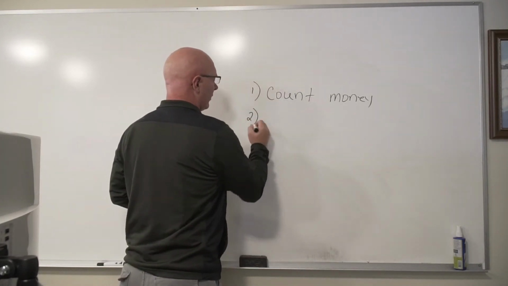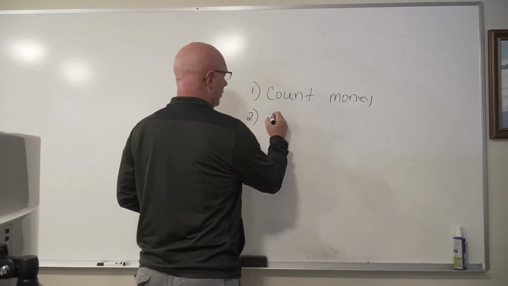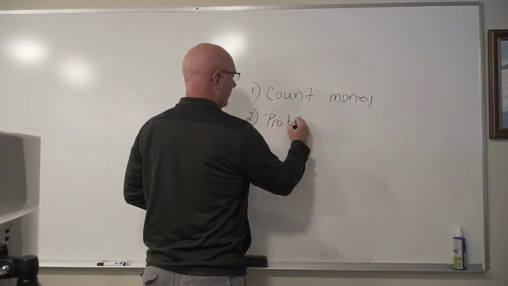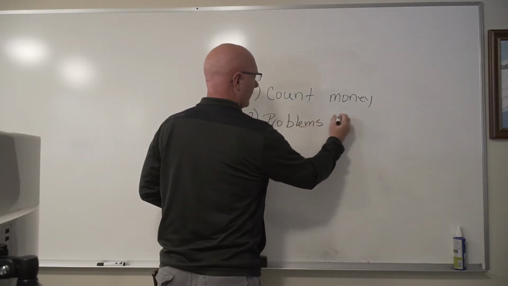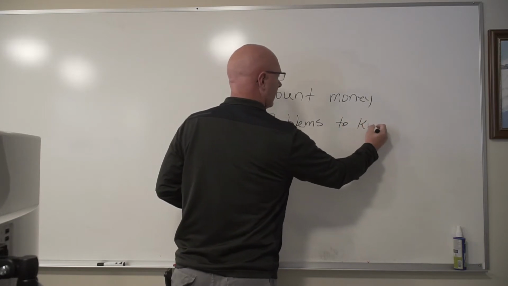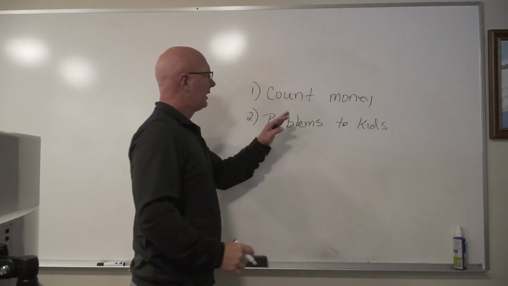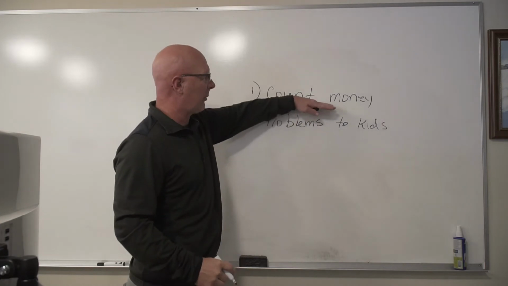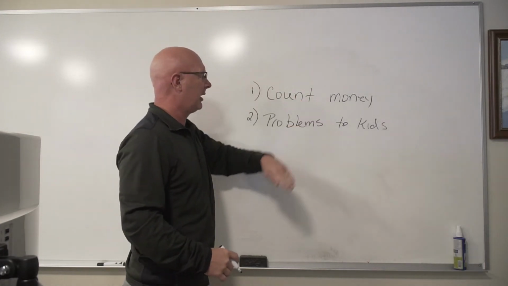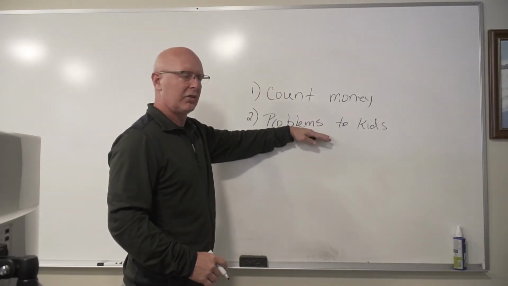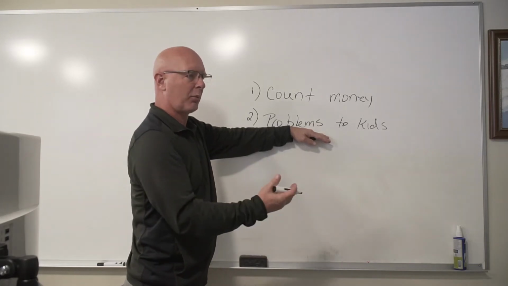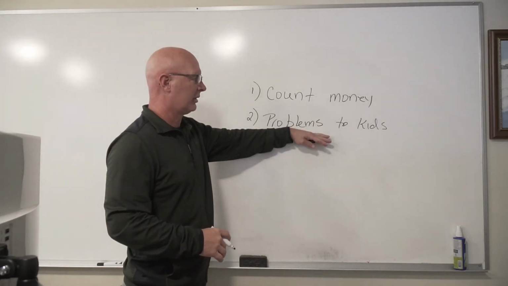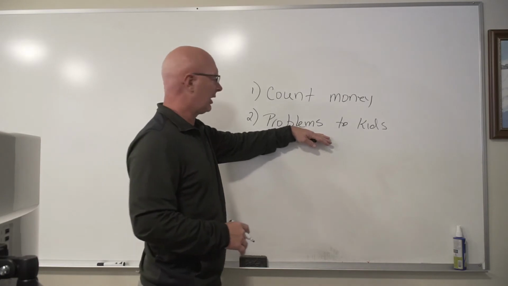The next point is we want to give problems to kids. The primary goal in this application is to count money. One of the steps is going to be offering problems to kids to be able to select the things that they want to count.